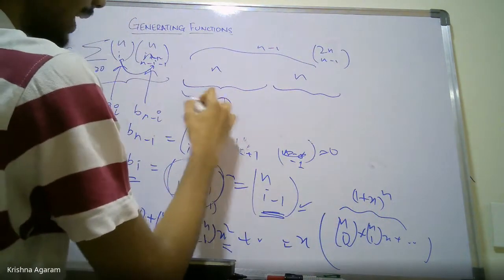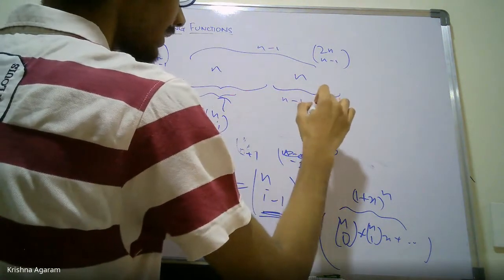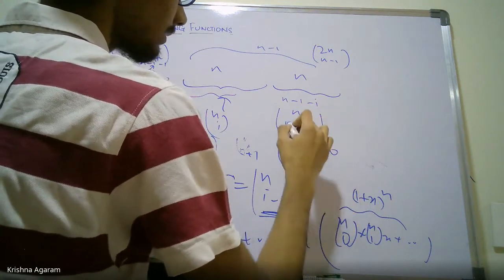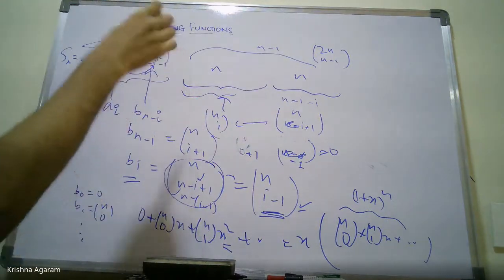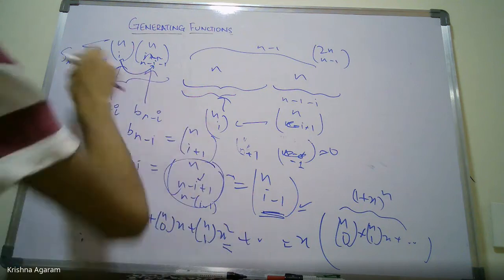Again, if you choose i people from here in n choose i ways, you'll have to choose the remaining n minus 1 minus i from here in this many ways, which is just n choose i plus 1. So now you multiply these and then sum over all possible i, and that's what you get. Okay, so that is fine.